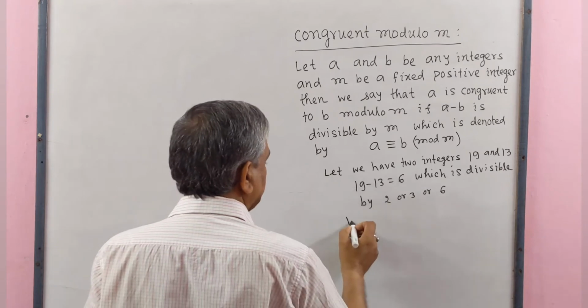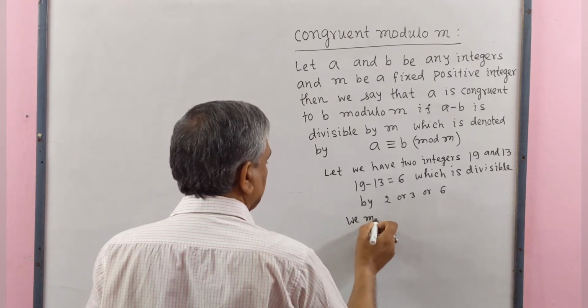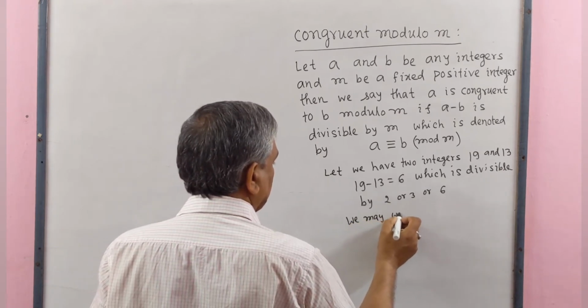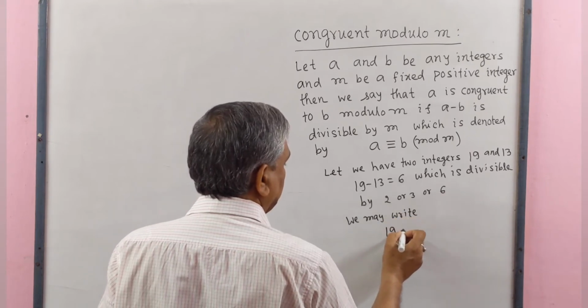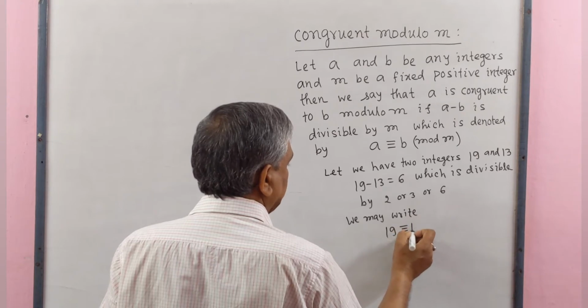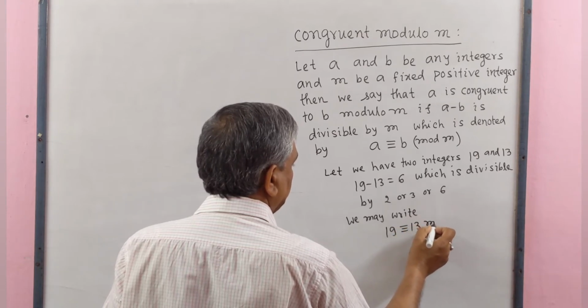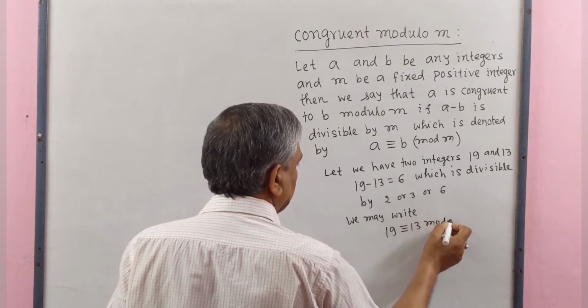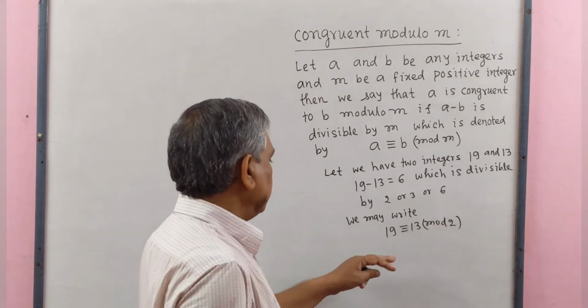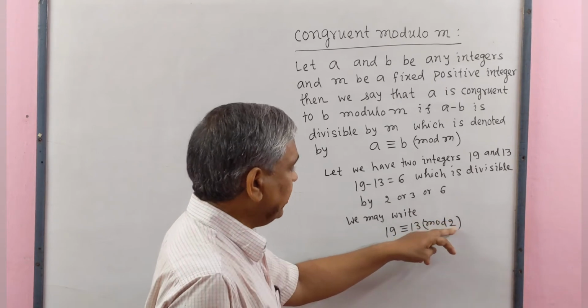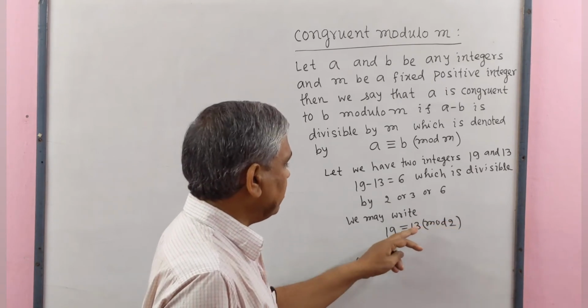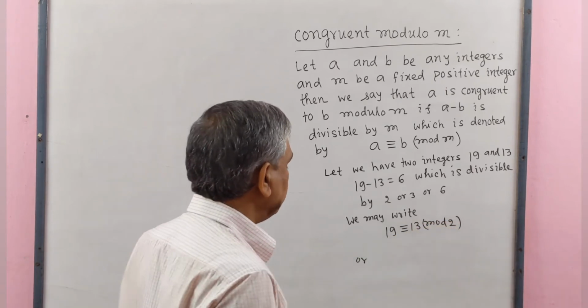We may write 19 congruent 13 modulo 2. Here 19 minus 13 is divisible by 2. 19 minus 13 equal to 6, which is divisible by 2.